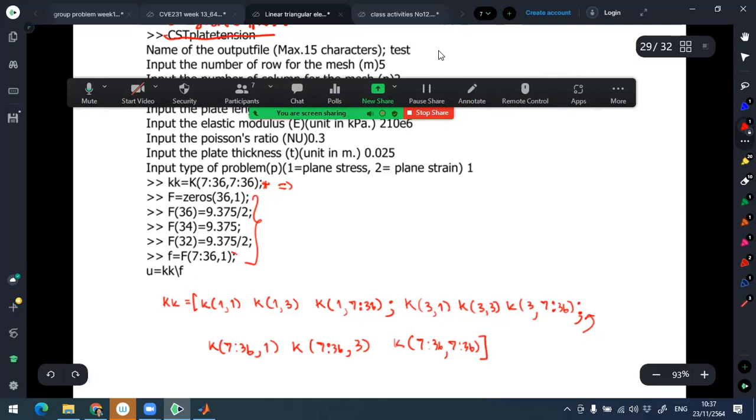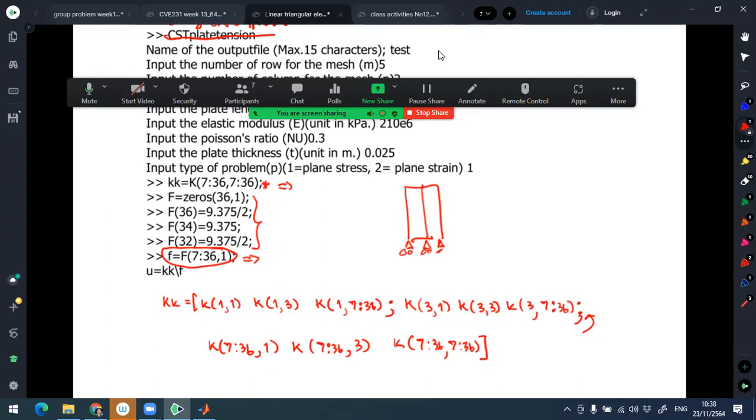But for the final force after applying boundary condition, in this case we changed it to roller, right? So then we have to add the force at node 1 and node 2 also. The force at node 1 and node 2 becomes 0, right? For the case of roller.